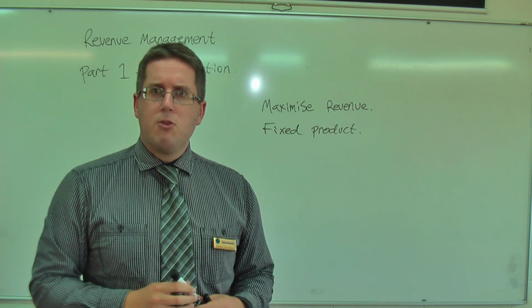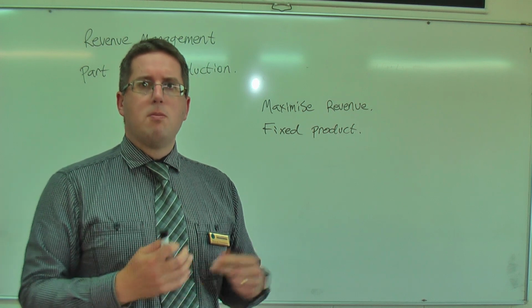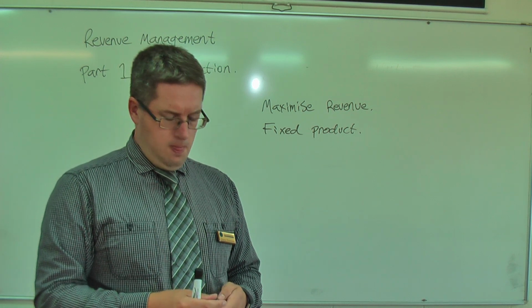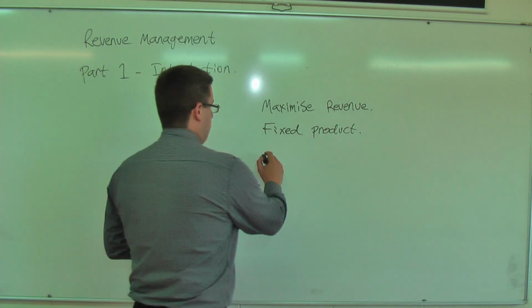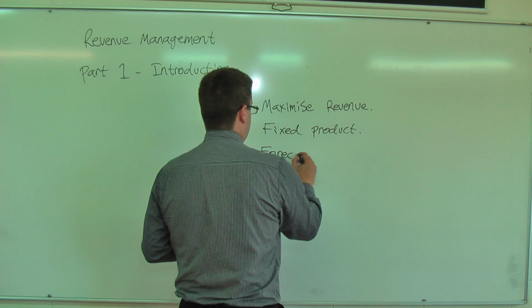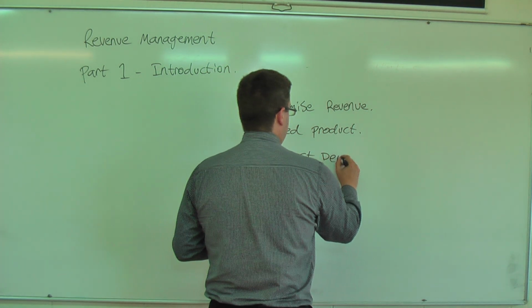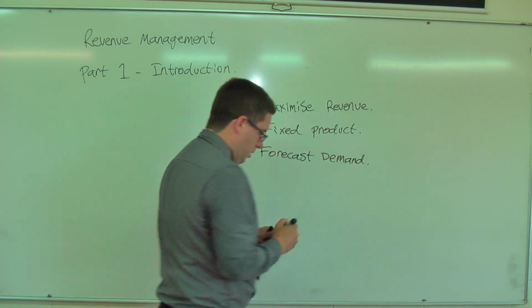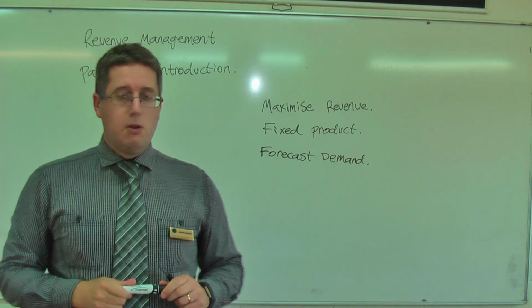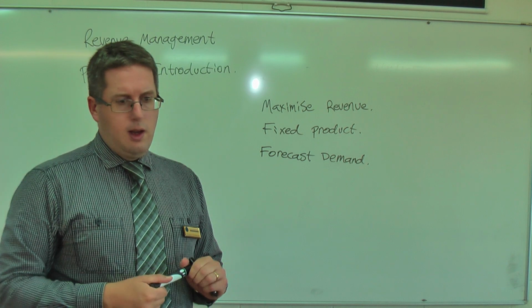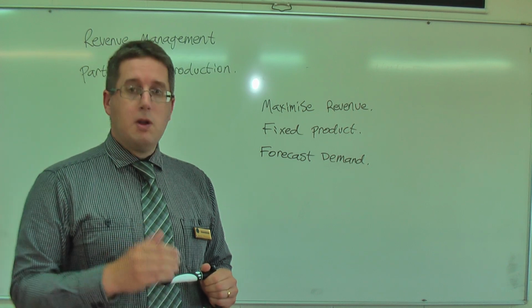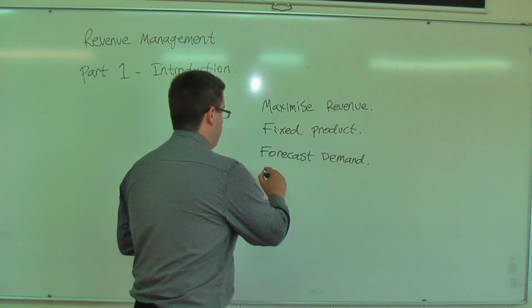So what's the best way we can sell all of them to maximise our revenue? And we do this by looking at forecasting, which is one tool. Forecast our demand. We'll be looking at demand a bit more in a couple of points. So that's a couple of key points. Maximising revenue, manipulating prices.